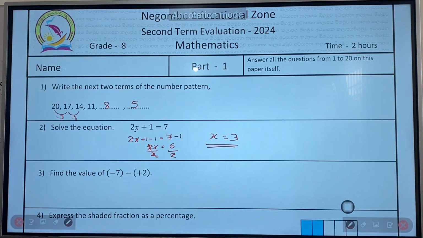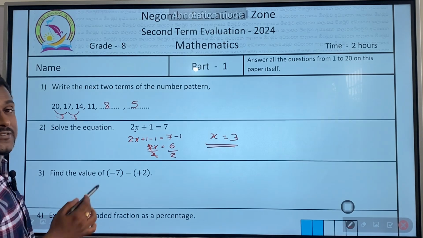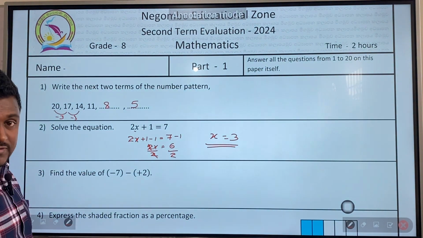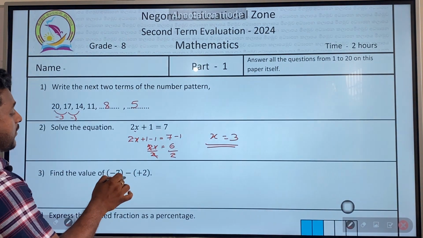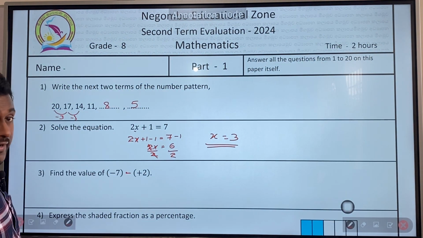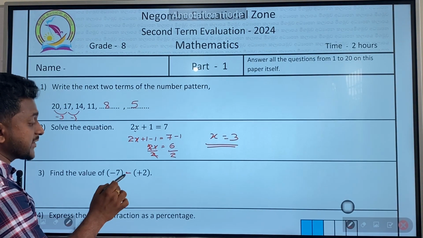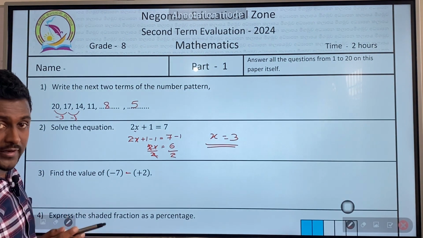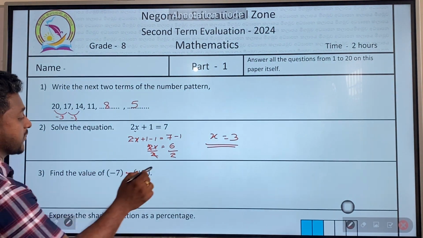Find the value of -7 - (+2). We have to subtract plus 2 from minus 7. When we have to subtract, we can add the additive inverse of the value after the minus sign. That is the method to find the answer.